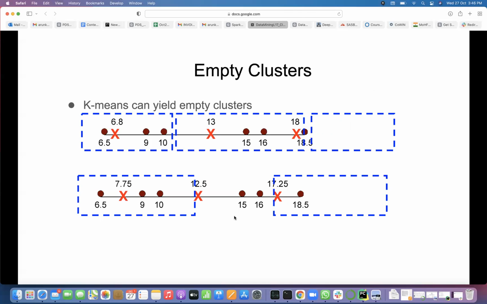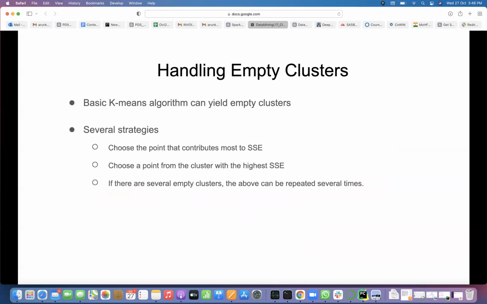Here, the first one, the last one is empty. So here there are empty clusters, because 15 and 16 may also be moving to some other cluster. So how do you handle empty clusters? What is the disadvantage with empty clusters?